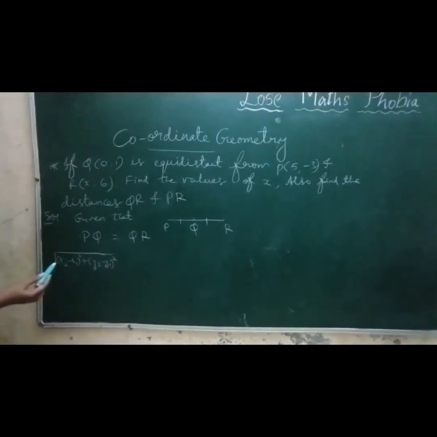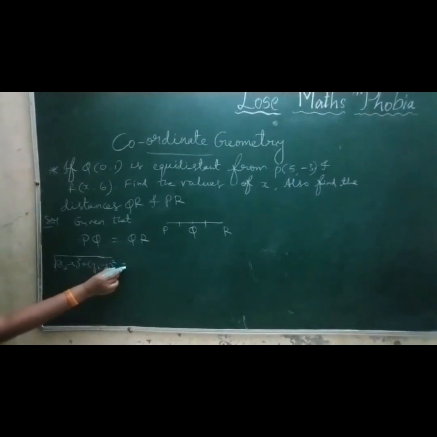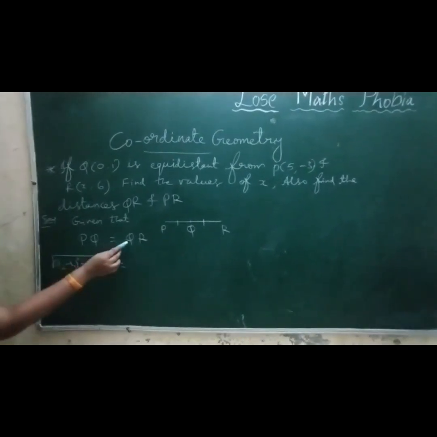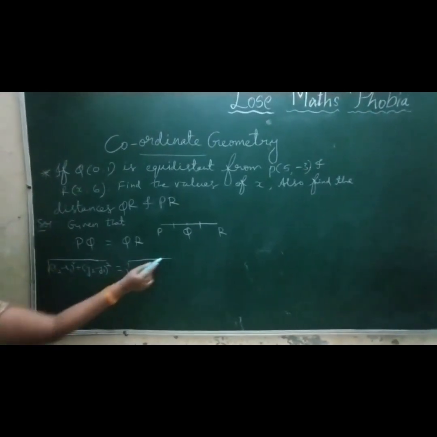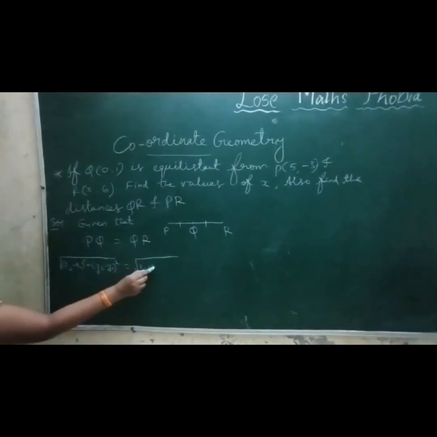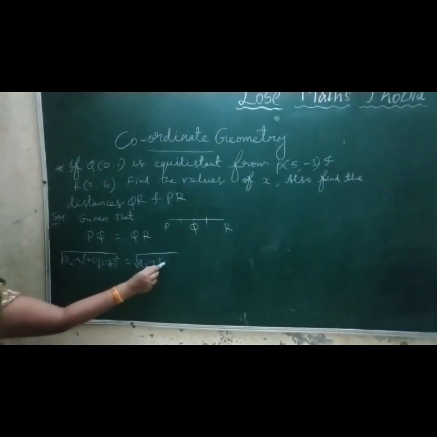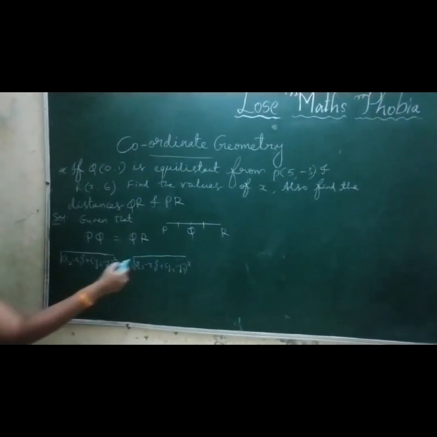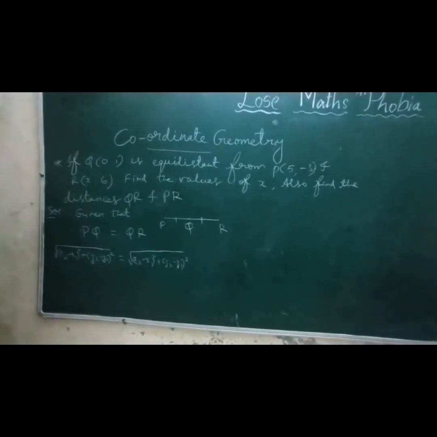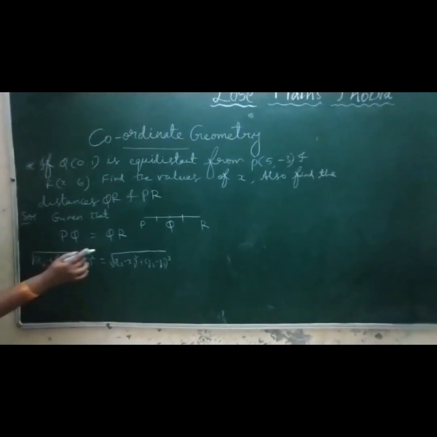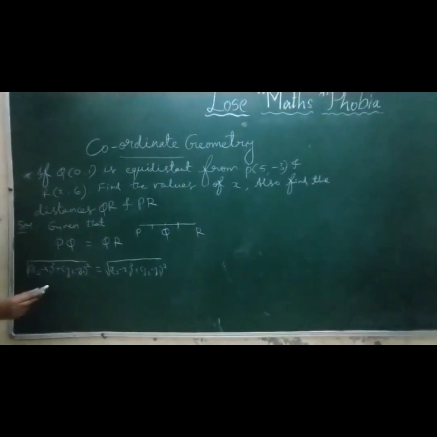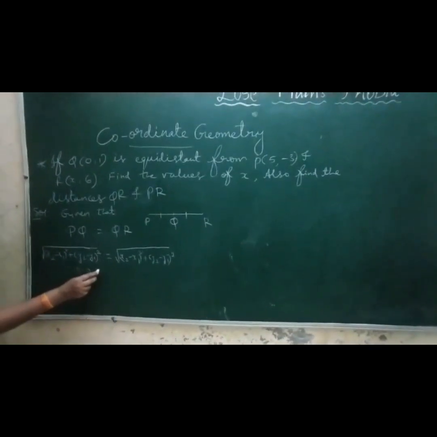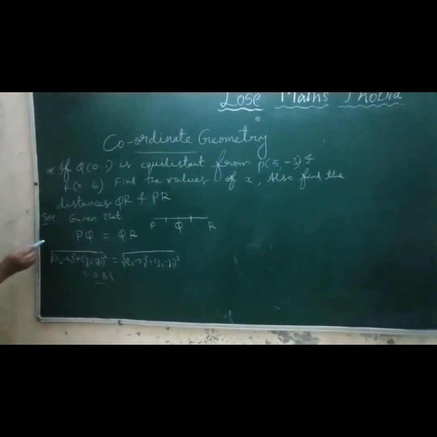So here also we have QR, the same: square root of (x2 minus x1) whole square plus (y2 minus y1) whole square. So both the sides we have roots. Either we can square on both sides to get rid of the root, or we can cancel the roots. So we can square on both sides and apply the values.